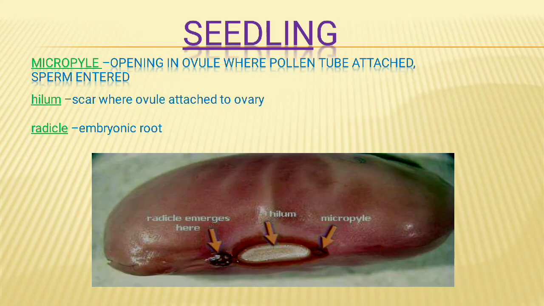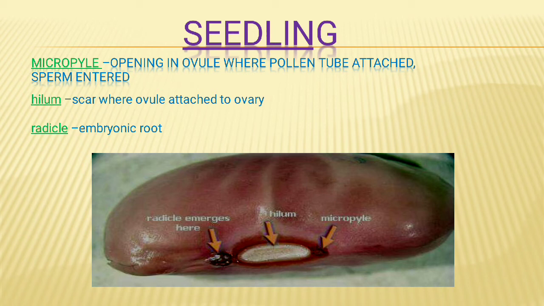Next, when you see the seedling, along with the integument, nucellus or embryo sac, there are different structures also, which we drew in the ovule. The one opening where our pollen tube entered, which is that opening? Micropyle. The hilum is where the funicle, or the ovule, gets attached to the stalk.